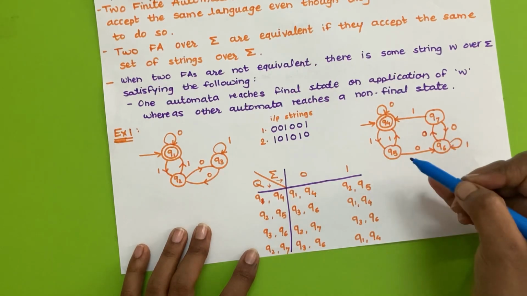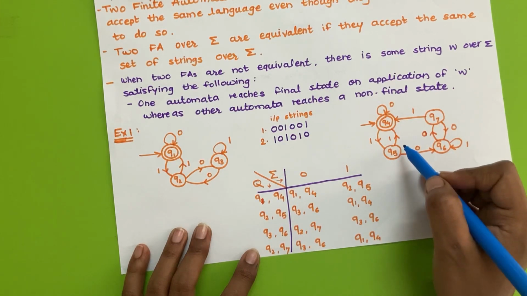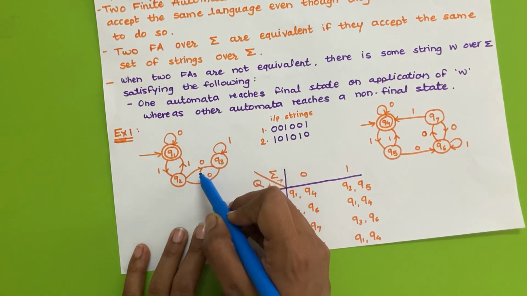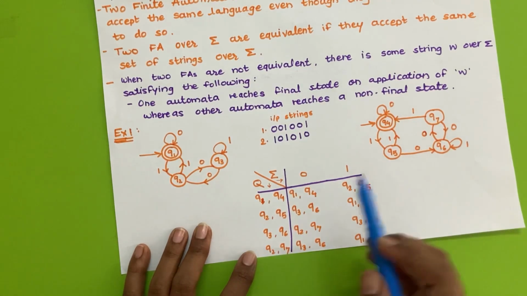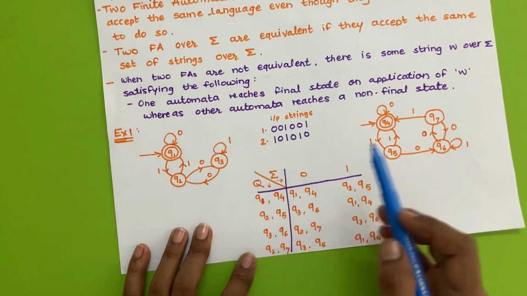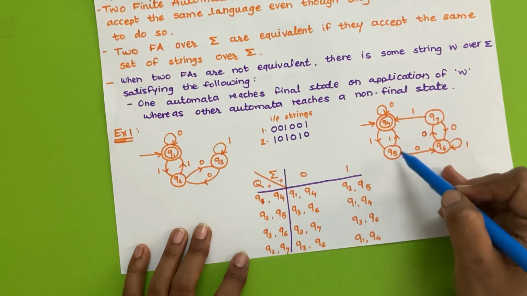If we minimize the finite automata, then it will look like this first finite automata. It means the work that the state q2 is doing is divided and done by these two different states.